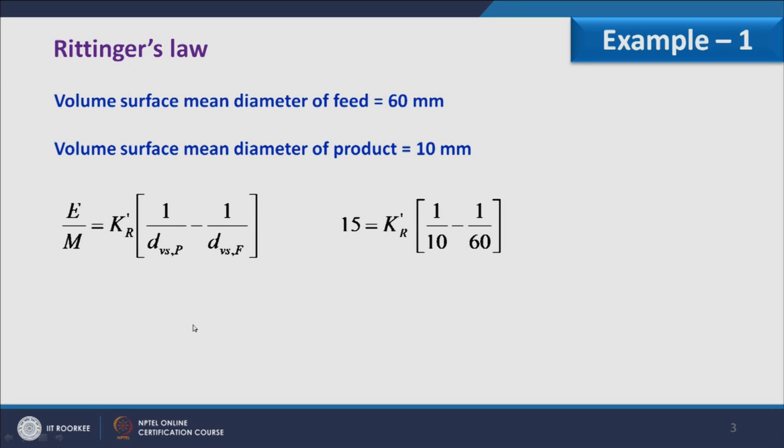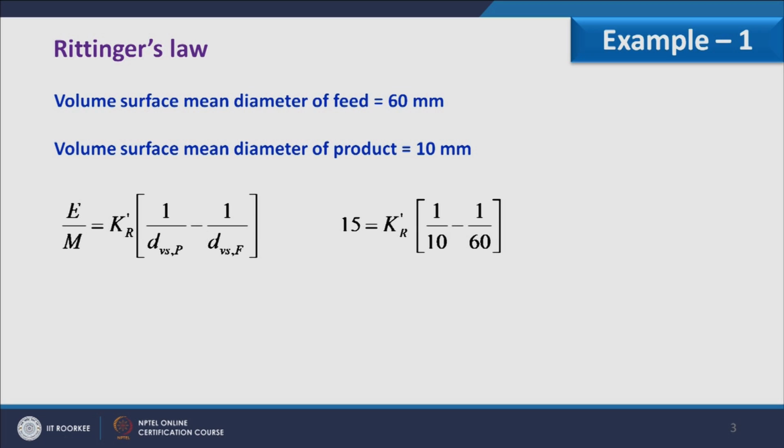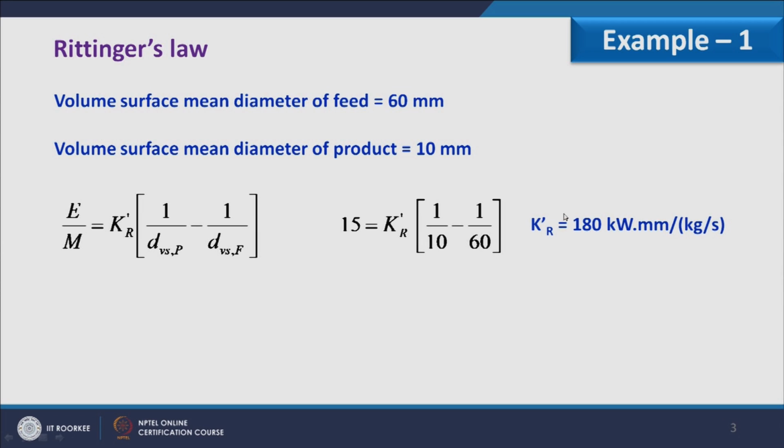So, considering all these values, that is energy consumption, mean diameter of feed as well as product, we can calculate the value of K r dash constant, we can say revised Rittinger's constant, and it is equal to 180 kilowatt mm per kg per second.